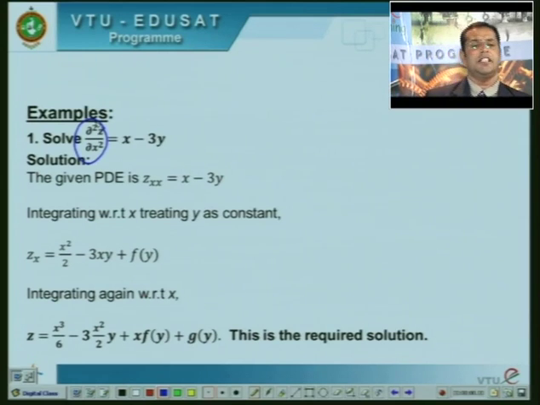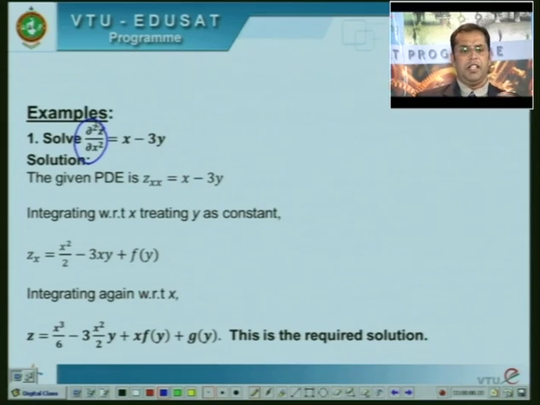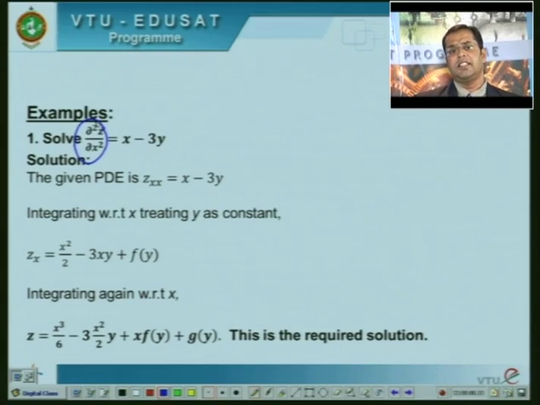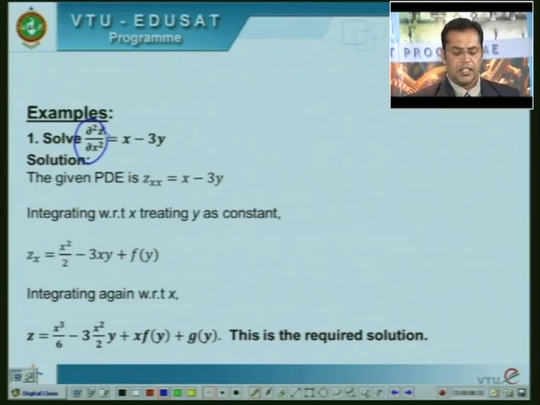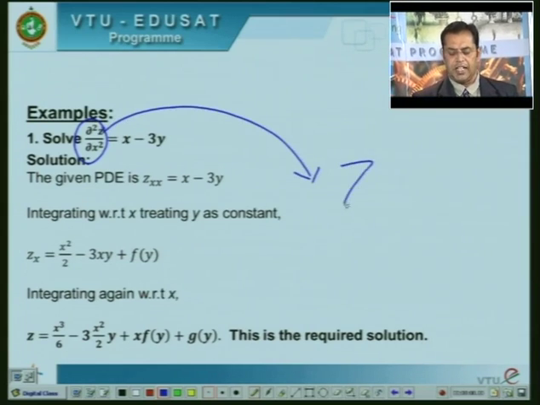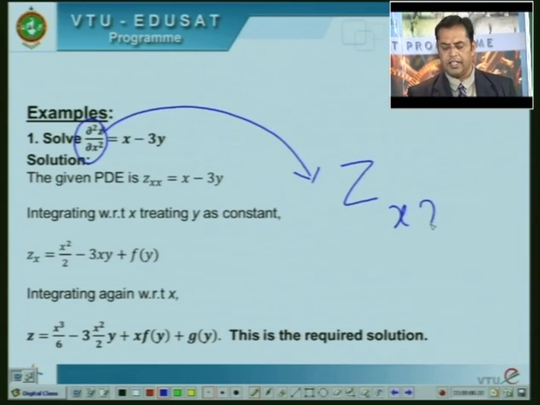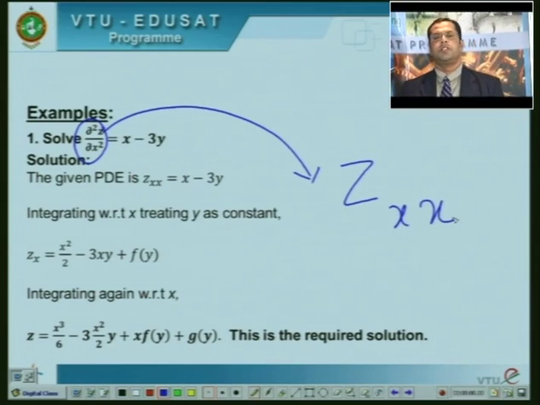Clearly, the definition says homogeneity will mean only the dependent variable and its partial derivatives, no other terms, whereas this equation contains the dependent variable, its partial derivative, as well as the independent variables x and y. So, if I use notation, you know that dou square z by dou x square, which is r, is zxx. So, how to integrate? Follow this direction.